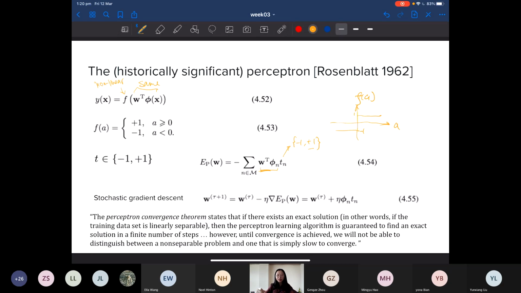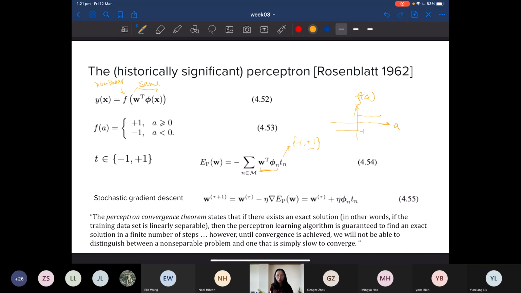Therefore, there is a preference in the optimization implementations to minimize functions rather than maximize. In this class, we will sometimes do one, sometimes do the other. But when you code, it's almost always minimize, right? So this makes sense, right? And it does not penalize large absolute values of W transpose phi, which is good.